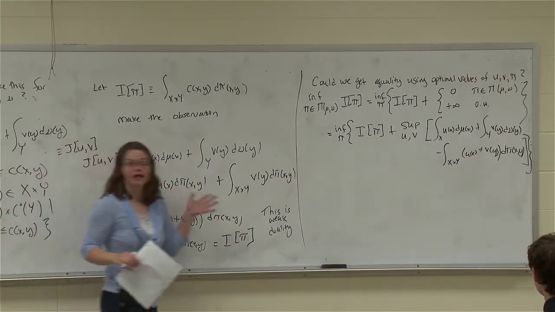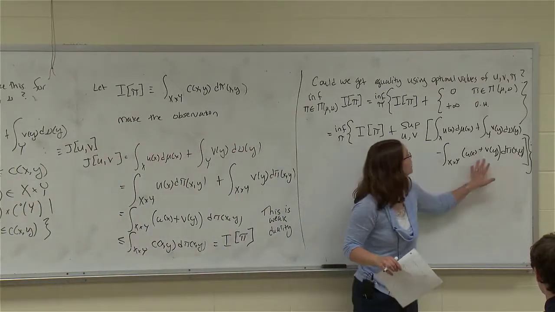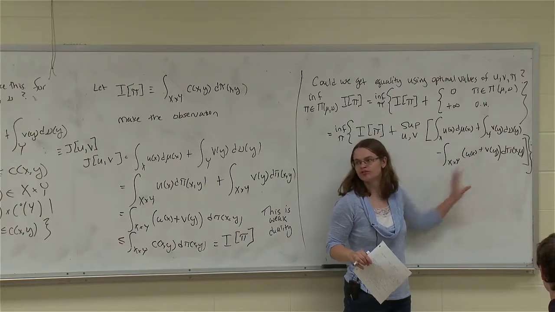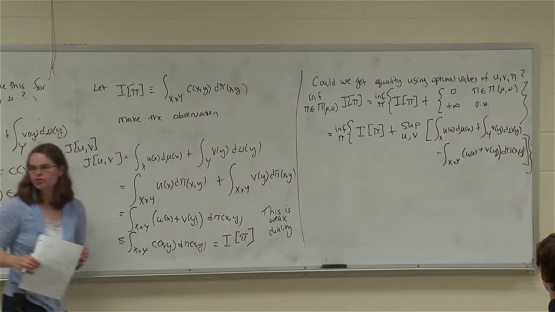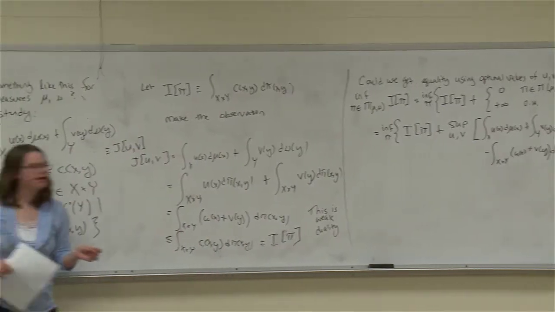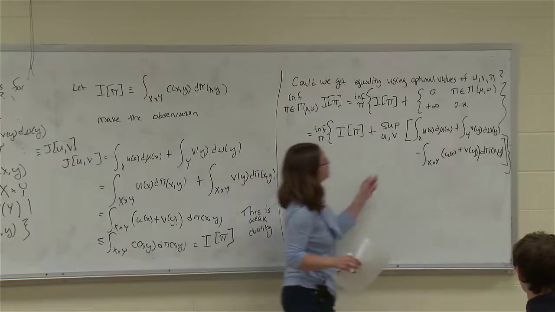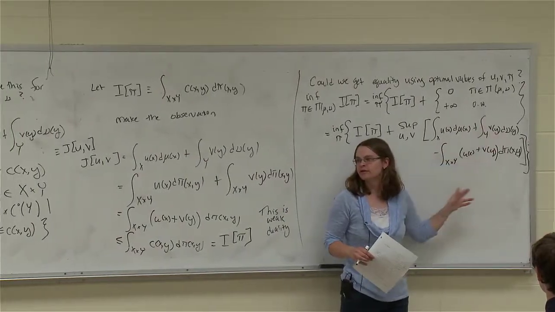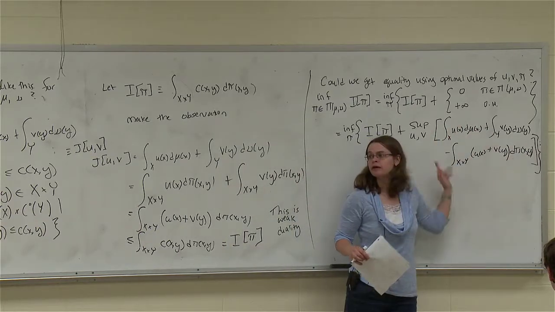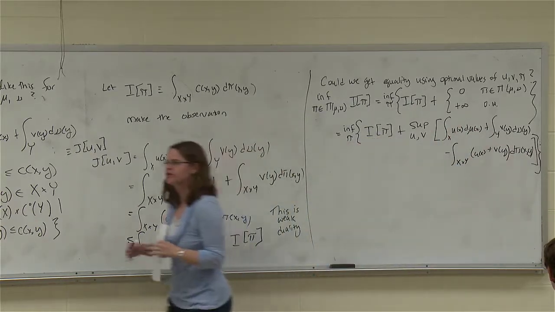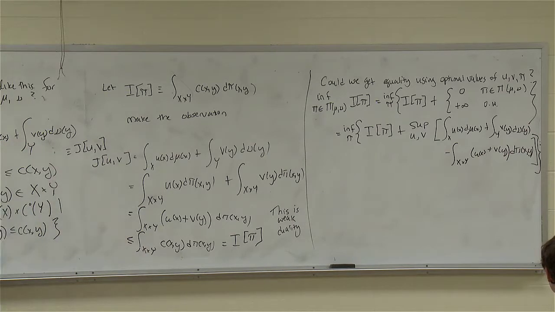Okay, again, if pi is feasible, it doesn't matter what u and v I've chosen. The marginals are correct, and this gives me 0. If pi is not feasible, the marginals are not correct, and I'm going to get something non-zero in here. So say I did this, and it equaled 1, just for the sake of argument. Well, that was with a particular choice of u and v. Now I'll do the same thing but replace u by 2 times u and v by 2 times v.